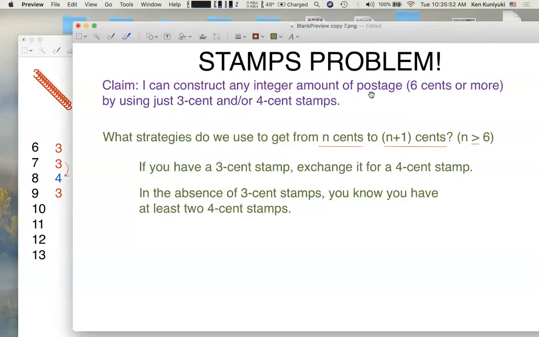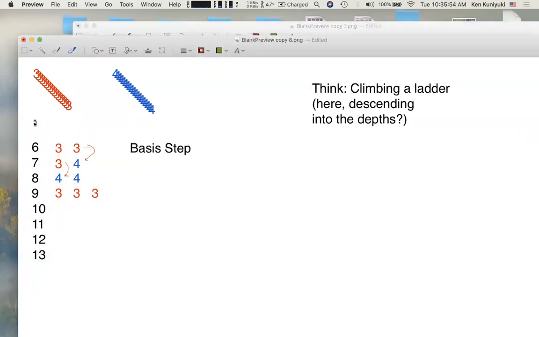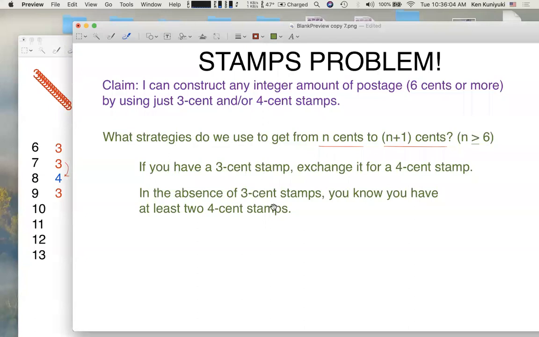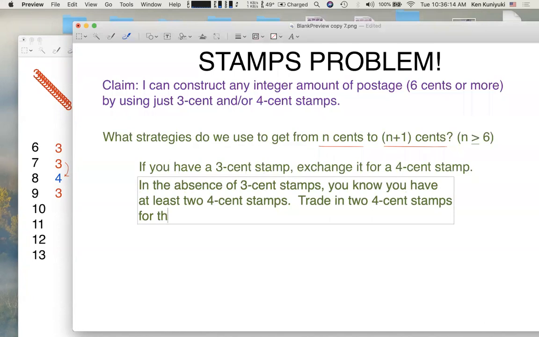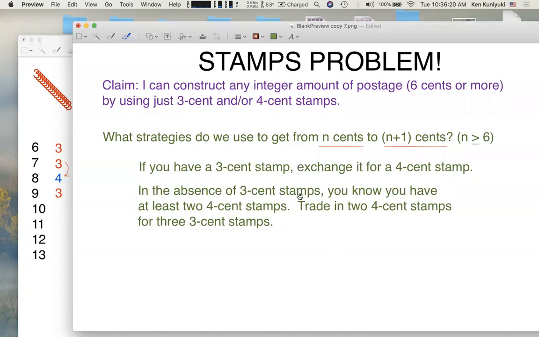We're looking at amounts of postage 6 cents or more. 4 cents is not part of the game. So if you have a configuration with all 4-cent stamps, you know you have at least 8 cents. You have at least 2 4-cent stamps. So in the absence of 3-cent stamps, trade in 2 4-cent stamps for 3 3-cent stamps. And together, these two strategies will allow you to go from n cents to n plus 1 cents for any integer number of cents that's at least 6.